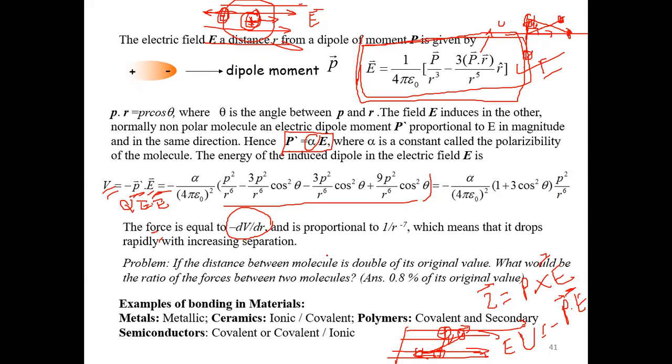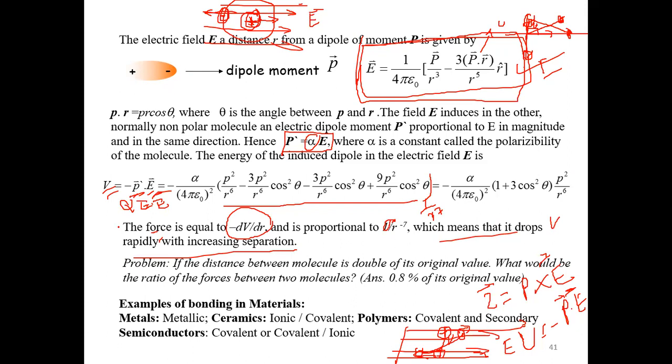behind the formation of the secondary bond, actually there is a small mistake here in the notes, will be proportional to R to the power minus 7, or 1 by R to the power 7. Which means it drops rapidly with increasing separation.